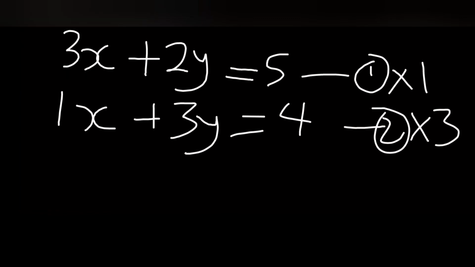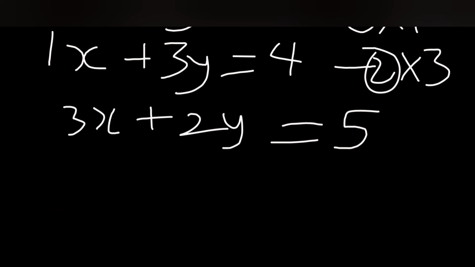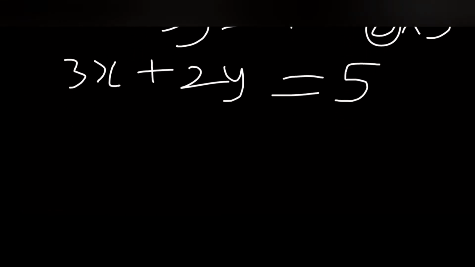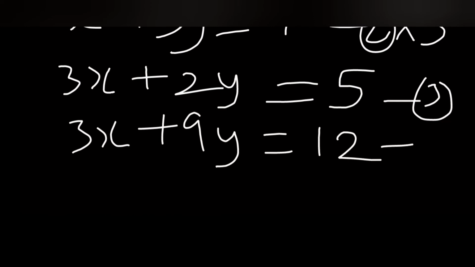Since we have done that, it will now look in this form. It will now be 3x plus 2y, because 1 multiplied by everything in equation 1 will give you all of this, is equal to 5. Remember that this was our equation 1, so we can actually call this equation 3. To get our equation 4, you multiply everything by that digit. So equation 4 will now be 3x plus 9y equals 12. So this is equation 4.